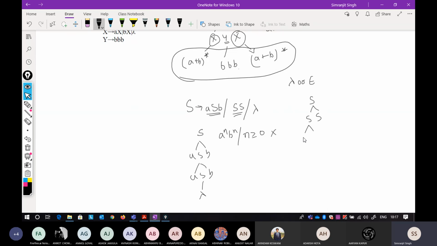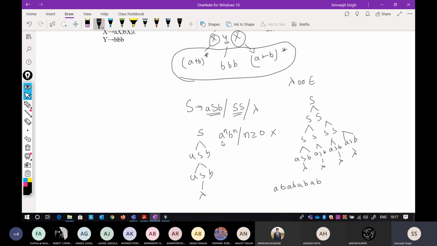It can be any SS, then SS. If you want to stop it, you stop with the epsilon, but you can also include aSb and then aSb and then aSb again. If you want to stop, it will be lambda here, lambda here, lambda here. So the string derivable from this becomes abababab.